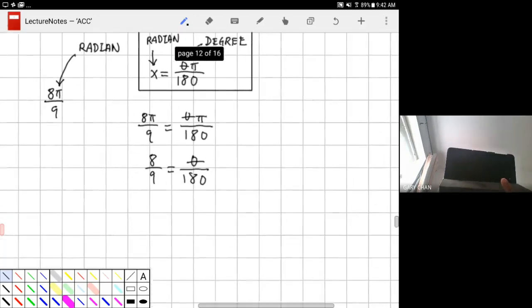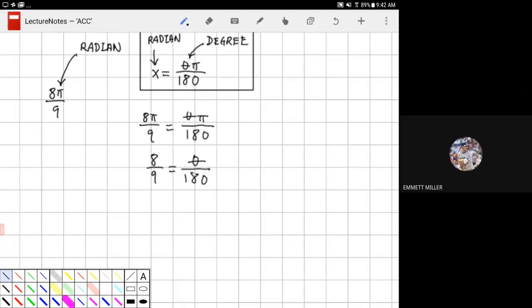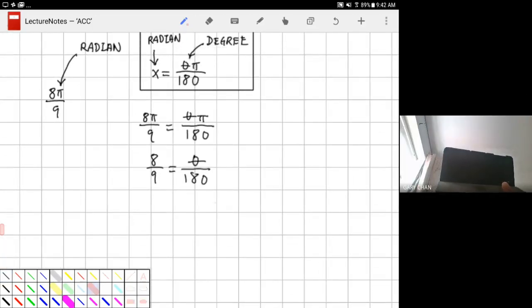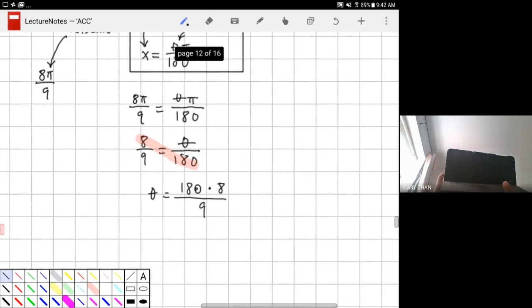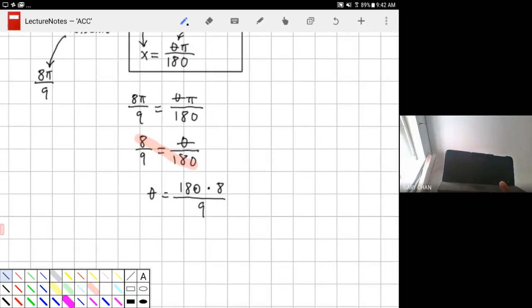I need to isolate theta, so now we're going to cross multiply. If I do that, I'll end up with theta is equal to 180 times 8 over 9. Rather than multiplying 180 by 8 to get 1440, why don't I just divide 9 into 180?